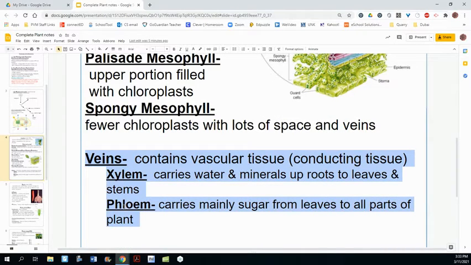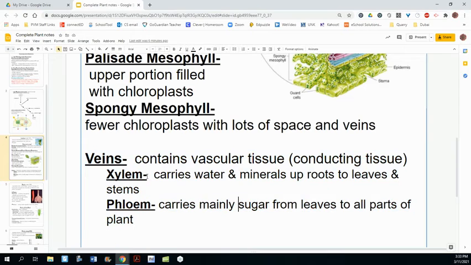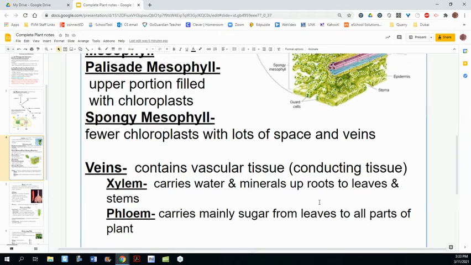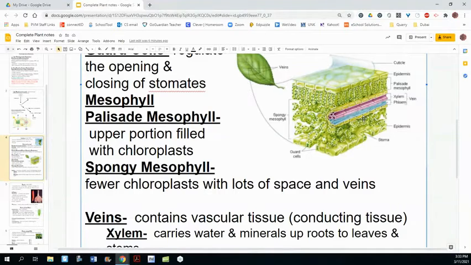They have two specific jobs. Food flows in the phloem, which carries sugars. And xylem is responsible for carrying water up to the roots, the leaves, and the stems. So phloem carries sugars, and xylem carries water and minerals.